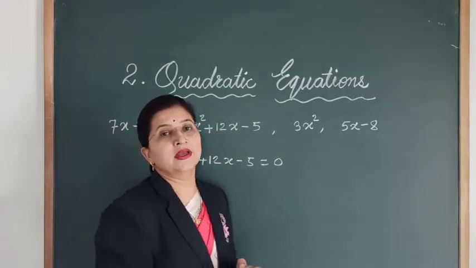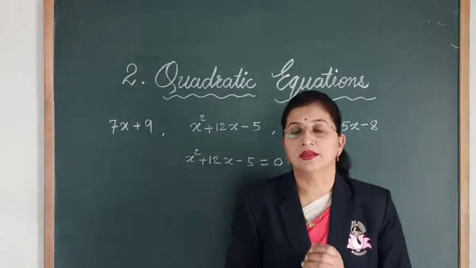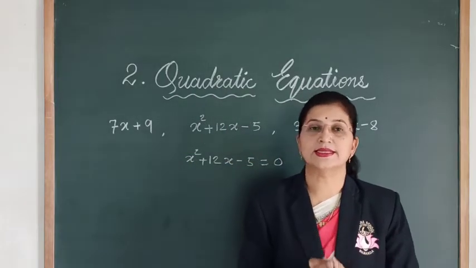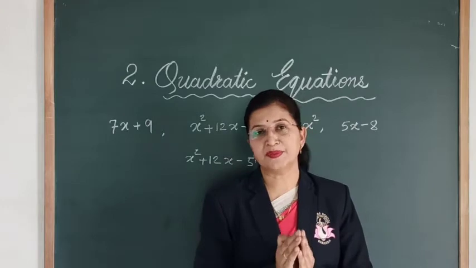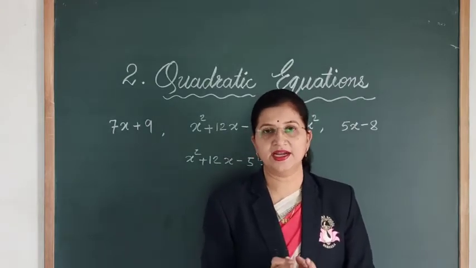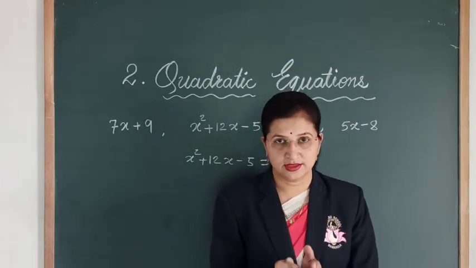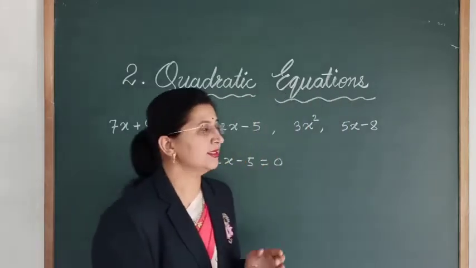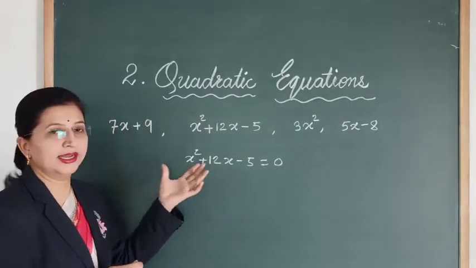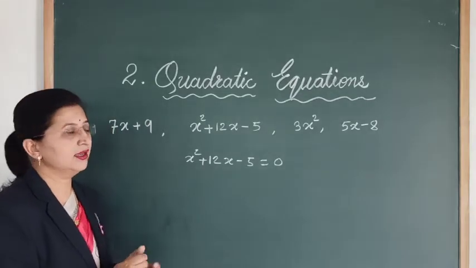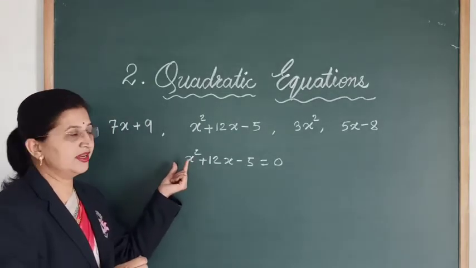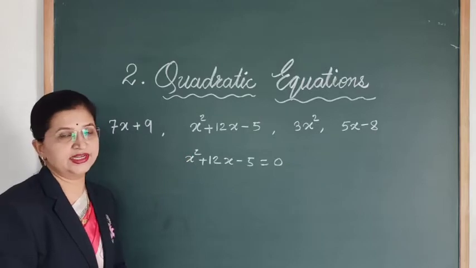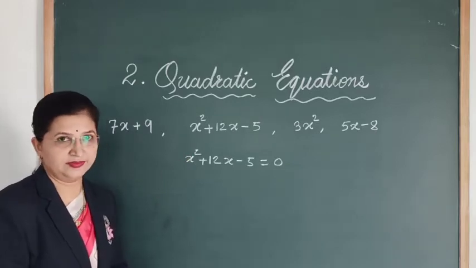Dear students, in the quadratic equation, the word quadratus is the Latin word which means square. In the Latin word, the word square is called quadratus. From that this word is derived, that is quadratic equation, as the degree of this equation is 2. That's why it is called a quadratic equation.